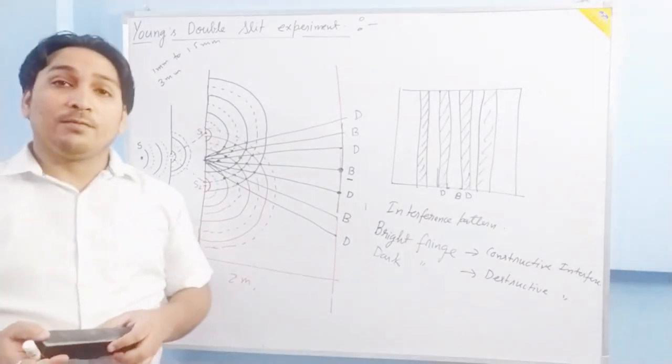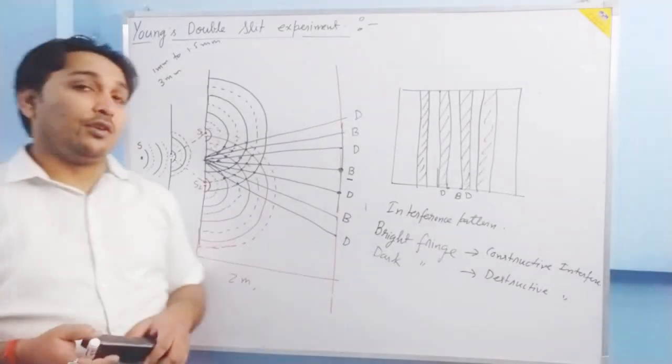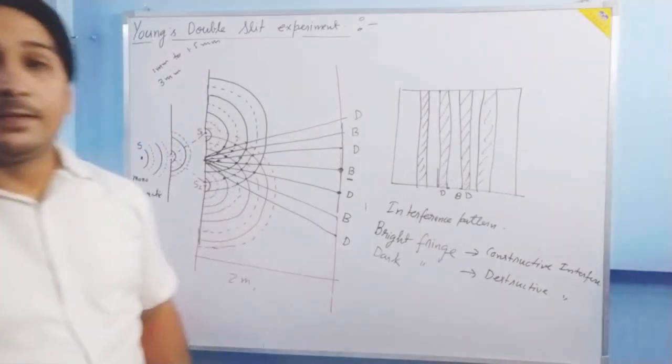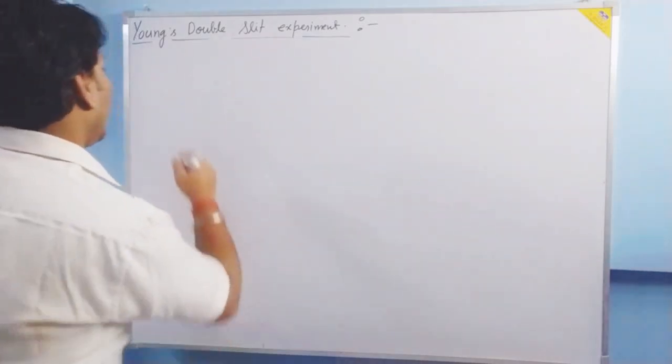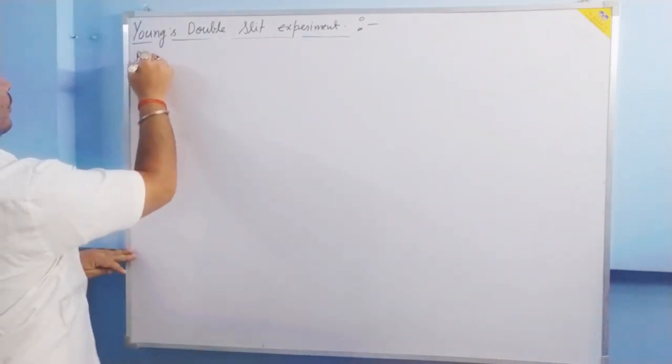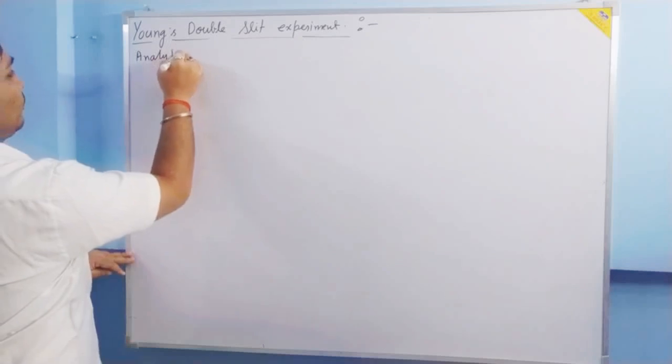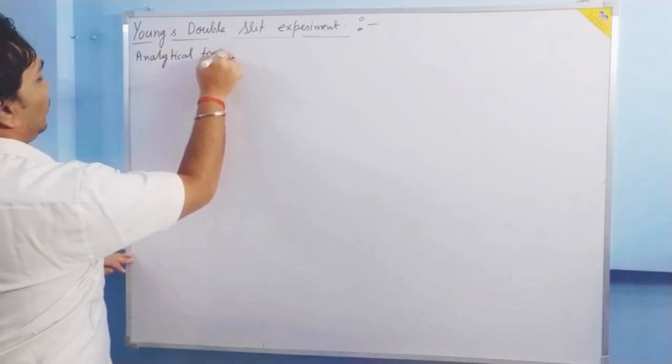Till here, is it clear? Now we are going to do mathematical treatment of interference. Okay, now we are going to do analytical treatment.